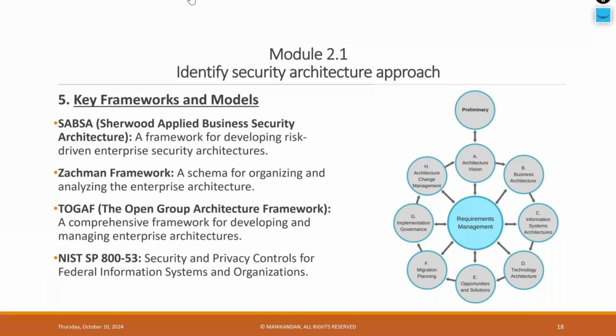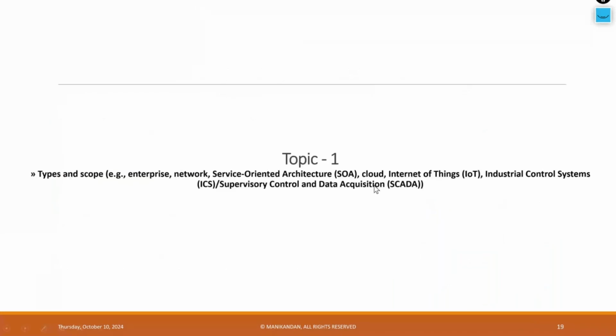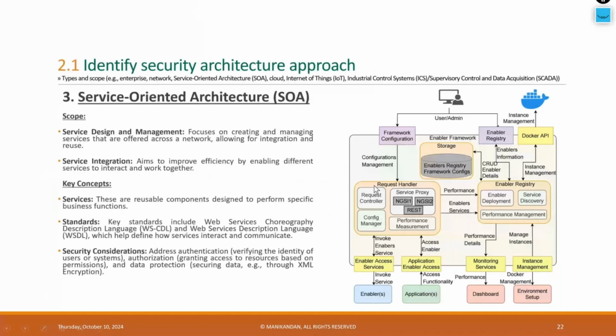Now when we are talking about architecture, we also have something called SOA. SOA stands for service oriented architecture. But before I explain SOA, what is the ultimate purpose of using SOA?